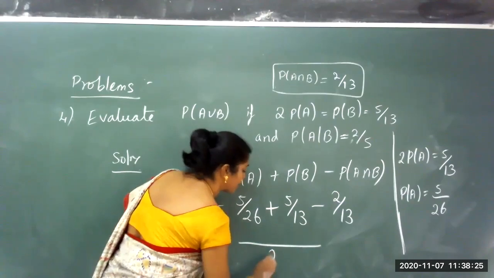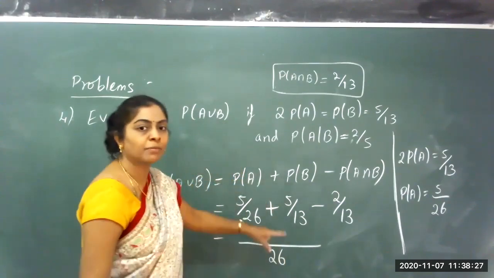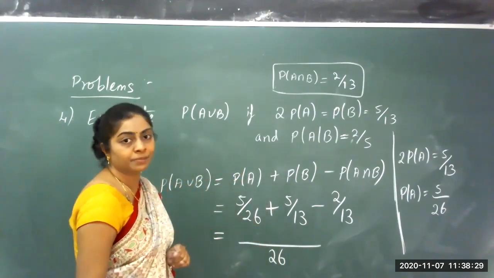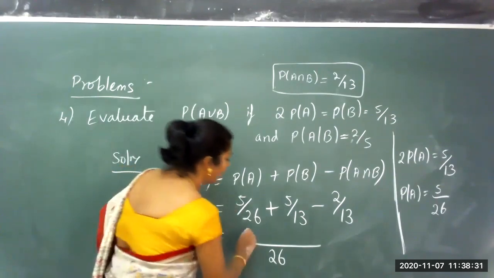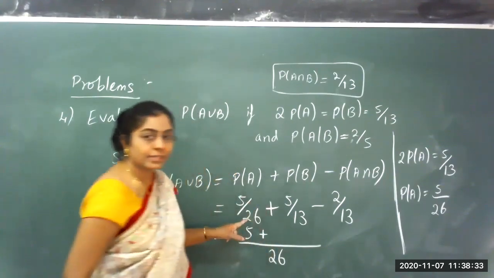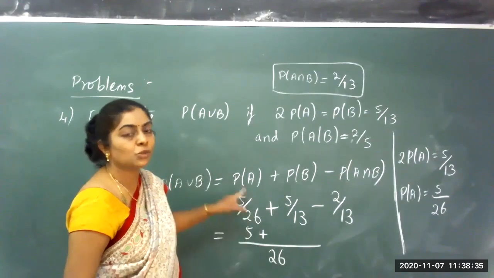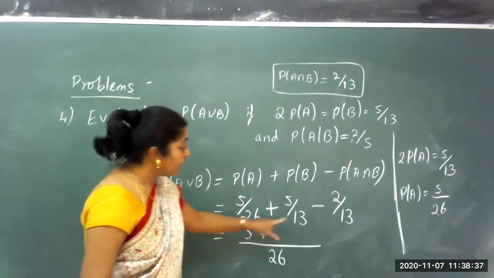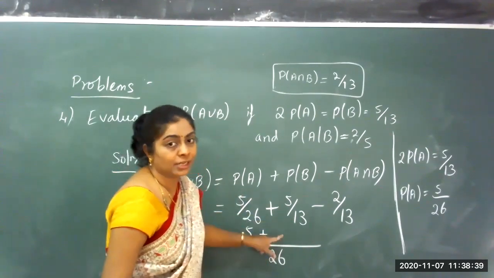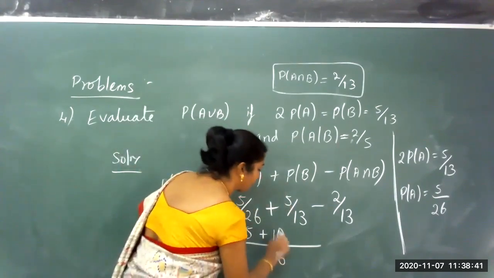If I take the LCM, if I say 26 is the LCM, 13 and 26 are multiples. Now 5 retains as it is: 26 ones are 26, so 1 into 5 is 5. 13 twos are 26, 2 fives are 10.